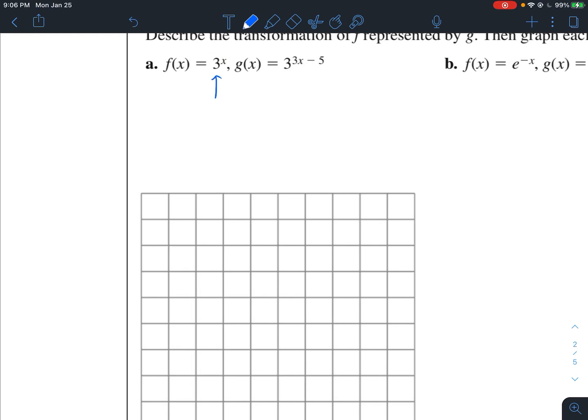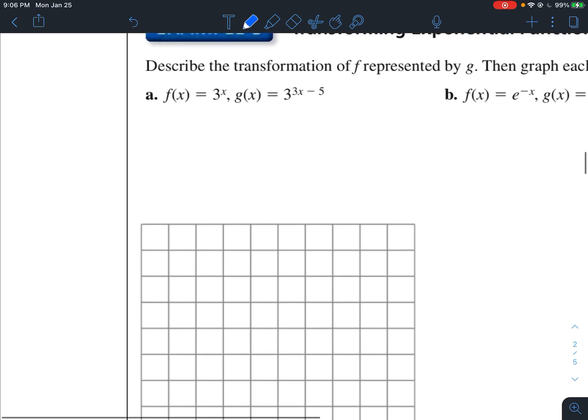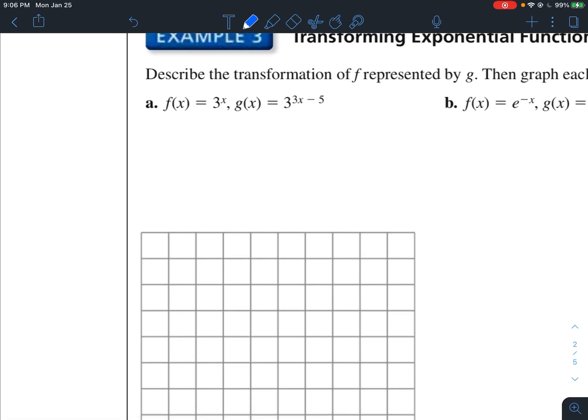Remember that this right here does not represent any sort of horizontal or vertical stretches. This is simply the base. If it's going to have any sort of horizontal or vertical stretch or shrink, that means it has to have an a times b to the x, so this number has to be multiplied by another number, or x has to be multiplied by another number.